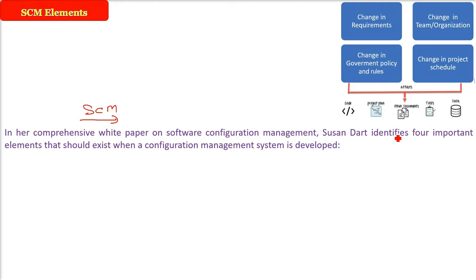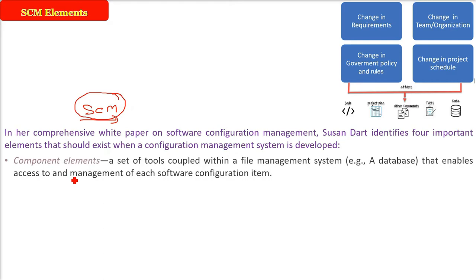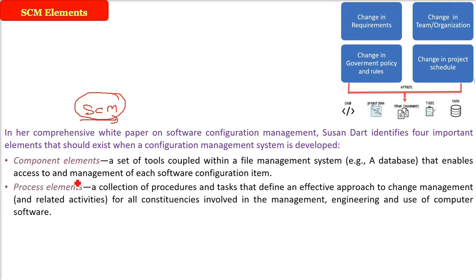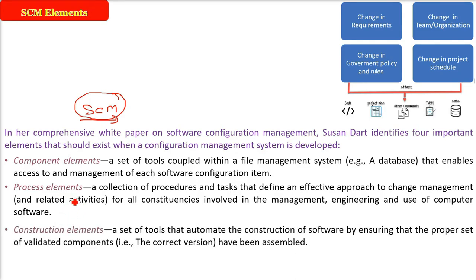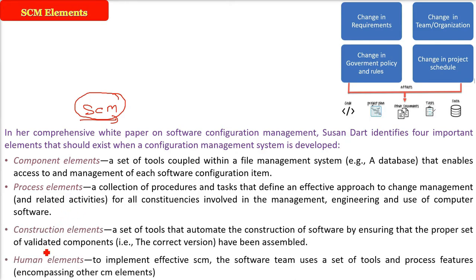Susan Dart, in a very comprehensive white paper on SCM, suggested that there are four elements that have to be there if a CMS has to be developed: component elements, process elements, construction elements, and human elements. Now, what do these correspond to? First of all, there are tools coming here. We are talking about tools, procedures, and tasks.